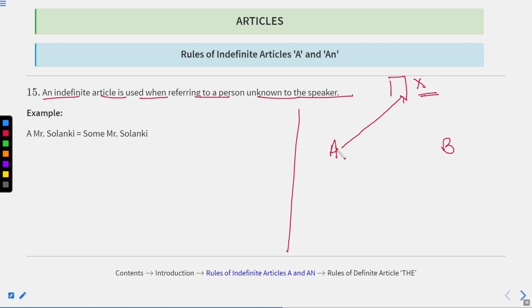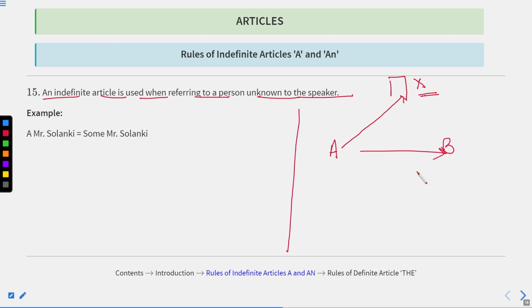Now A asks, what is your name? Mr. X says that his name is Mr. X. Now A comes to B and says that some Mr. X has come to meet you. He can also say that a Mr. X has come to meet you. That means some Mr. X has come to meet him. Now what is some? Some does not mean that there are several. Some is not for a countable thing.